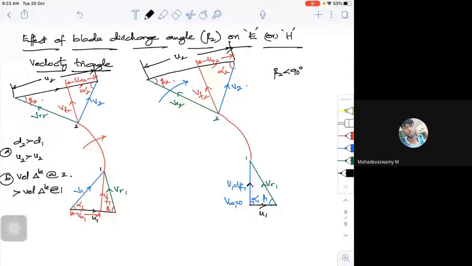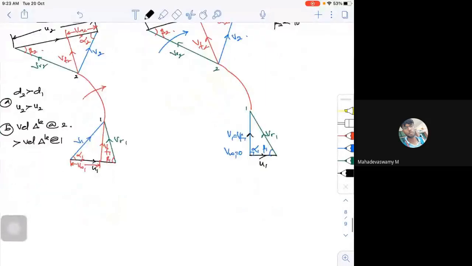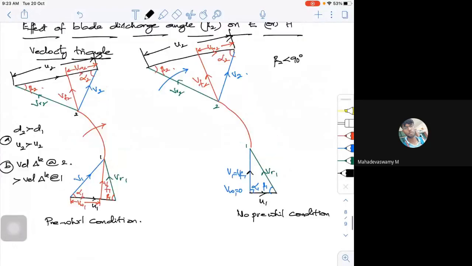So VW1 equal to 0 means no pre-whirl condition, and here it is the pre-whirl condition. So I have the pre-whirling condition velocity triangle and I have the no pre-whirling condition. I can study any one of them as a special case. Now, when you have such situations, what will happen to your beta 2?